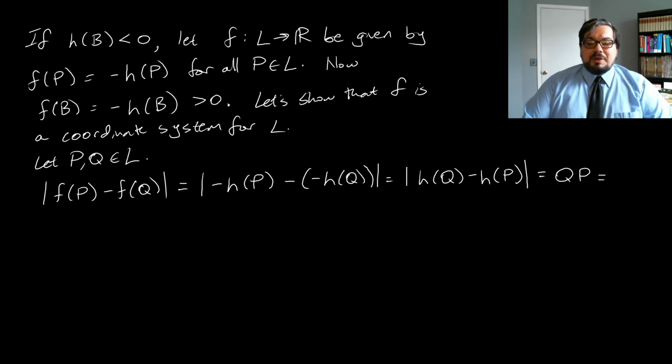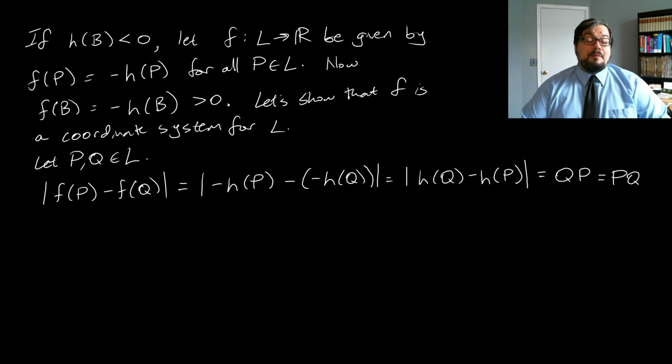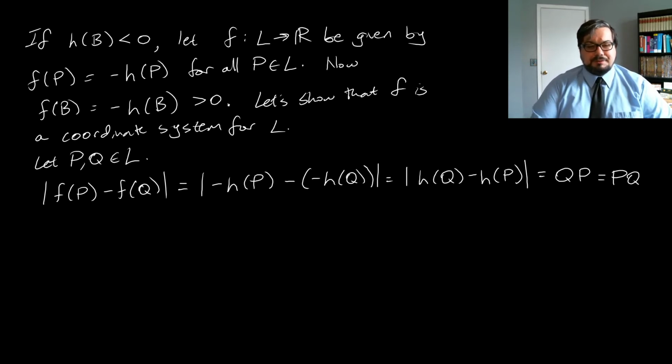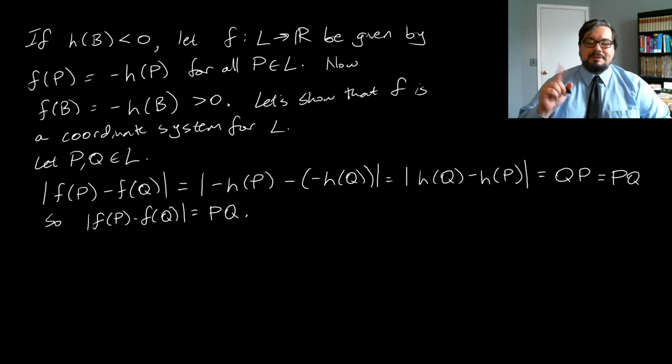And QP is equal to PQ by Axiom D4, that it doesn't matter which order we measure the distance in, we get the same result. So this means that the absolute value of f of P minus f of Q is equal to PQ. So that's step 1 of the process.